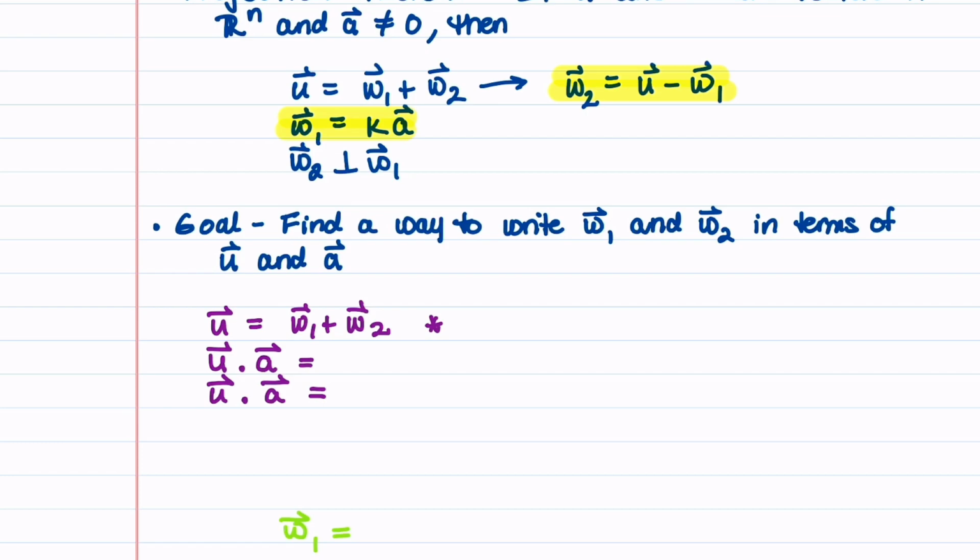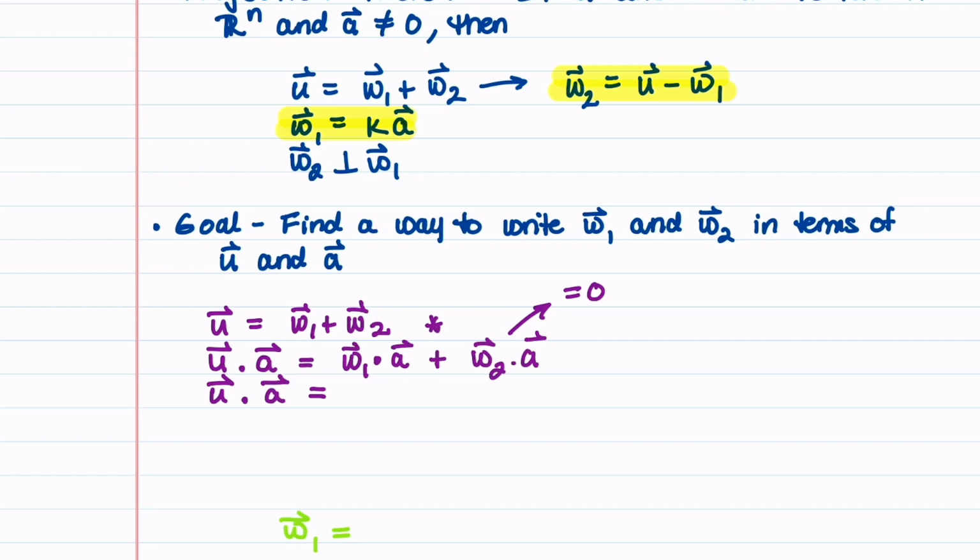So we're going to take the dot product of each component in that equation with A. On the left, we have u dot A, and on the right, we get W1 dot A plus W2 dot A, and we know that this is going to be equal to 0.